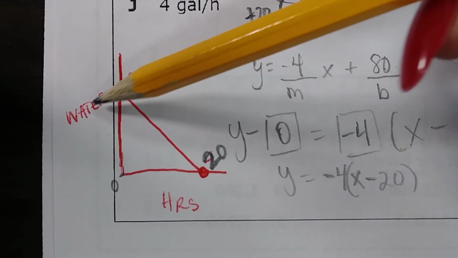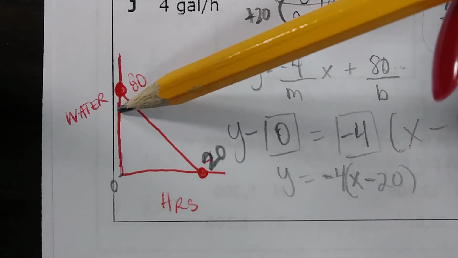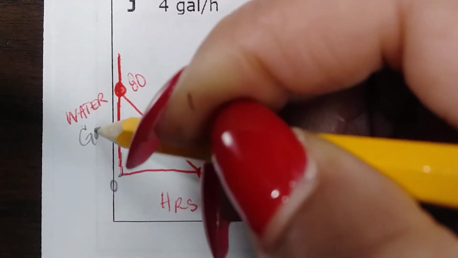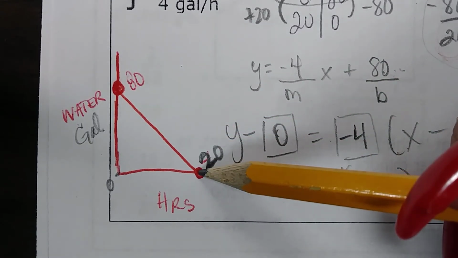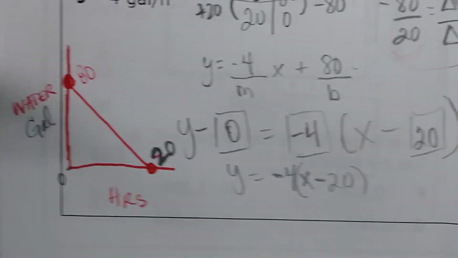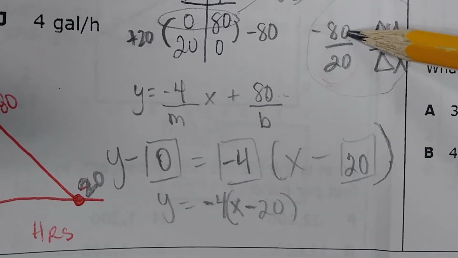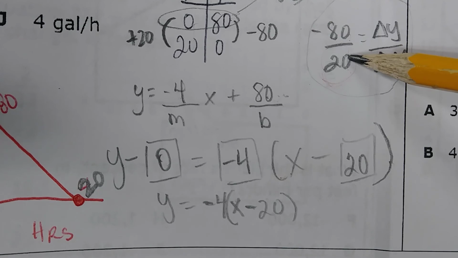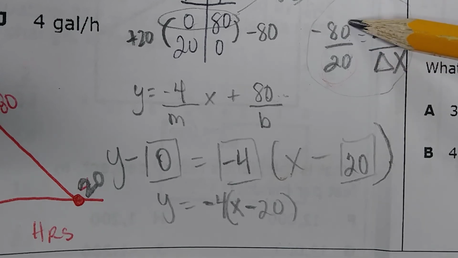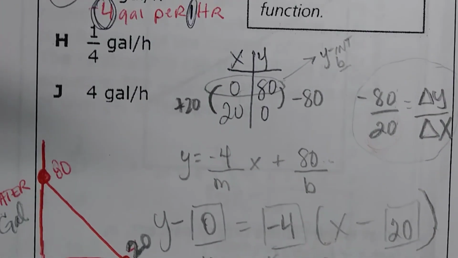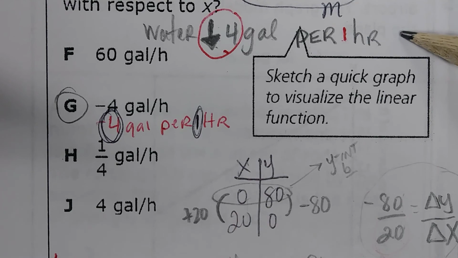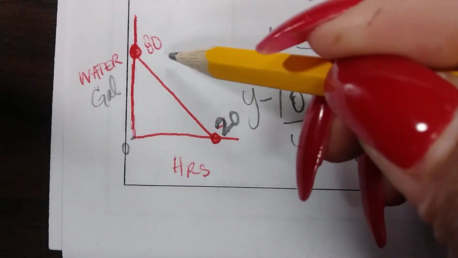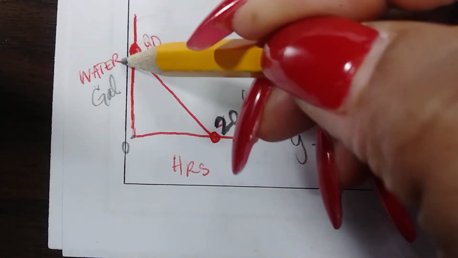So we see that the water is decreasing 4 gallons every hour, which is why you have to be careful with the numbers you choose to put into your slope phrase. So now, what does this mean to you?